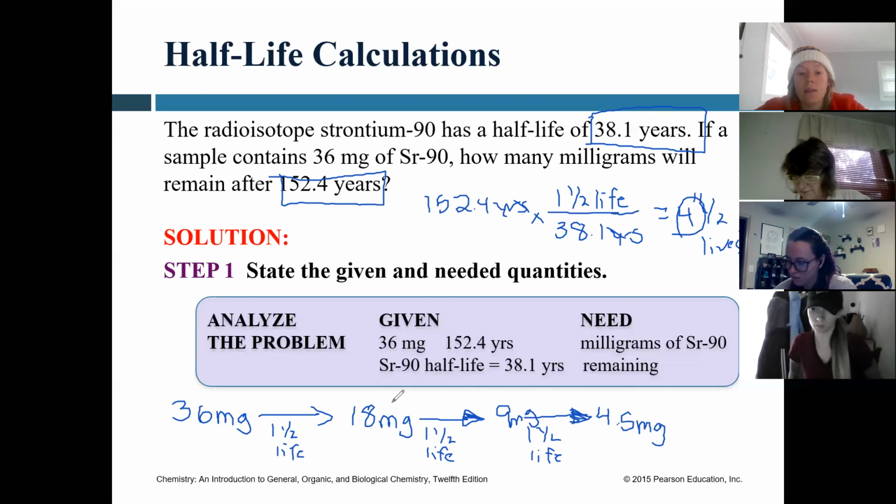We've done 1, 2, 3 half-lives. Let's do a 4th half-life, and we end up with 2.25 milligrams.